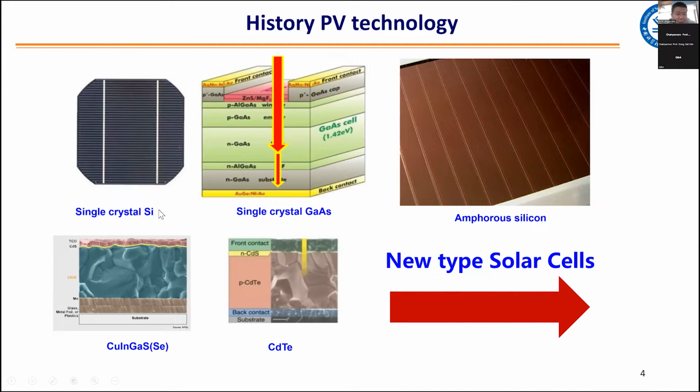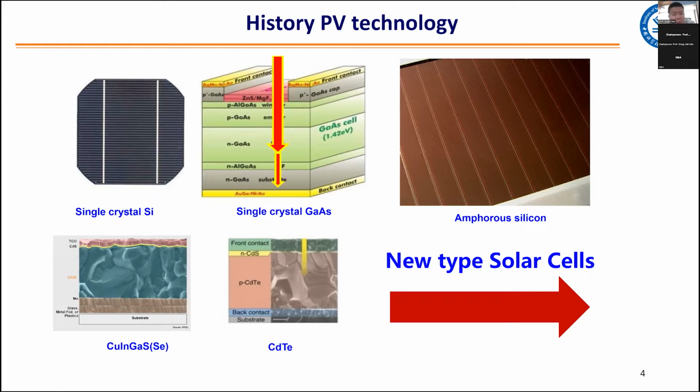Single crystal silicon is now very popular in solar cells, and close to 95% of the market is silicon solar cells. Also, in the army, we have multi-junction gallium arsenide. These are very thick, maybe several hundred micrometers, for the active layer to absorb light.